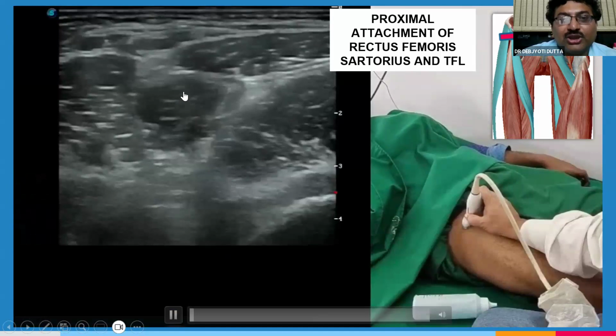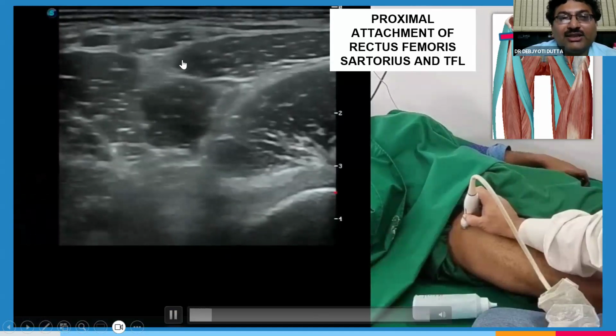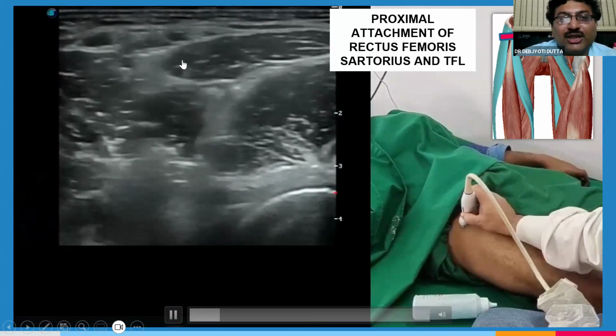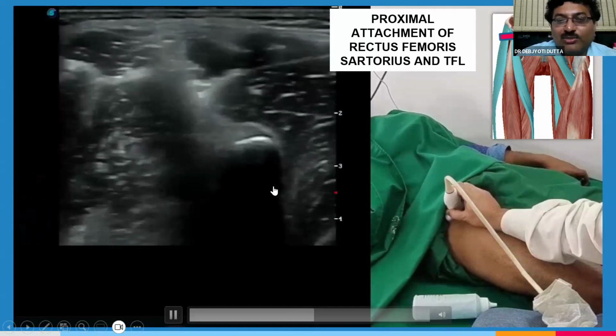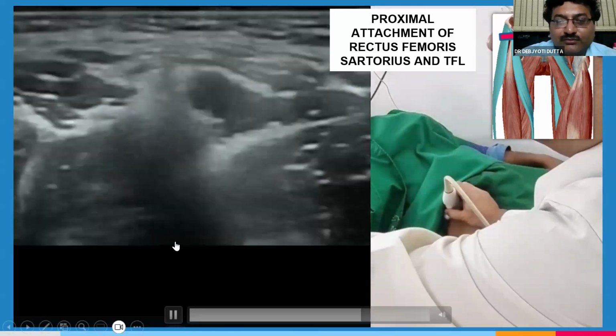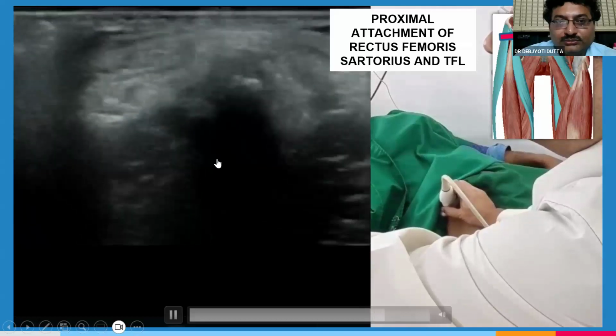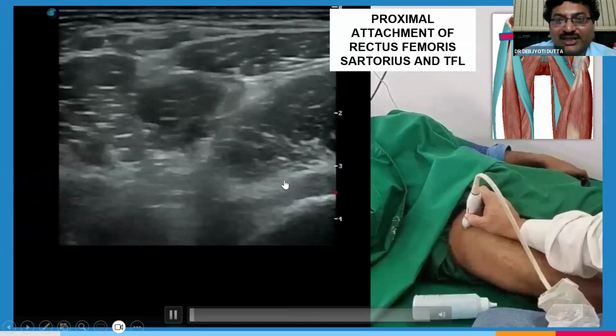I am showing once more: the rectus will attach to the anterior inferior iliac spine, and then the sartorius will move to the anterior superior iliac spine. While I am scanning, I will be asking questions so that it will be clear for you. This is the anterior superior iliac spine where it is getting attached.